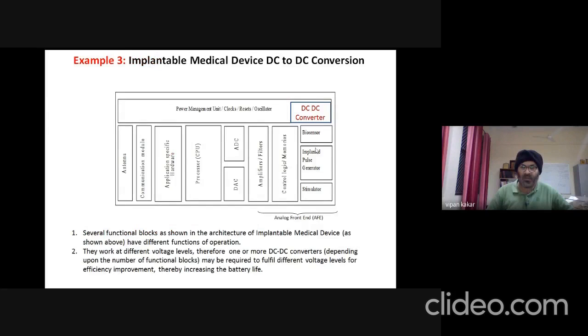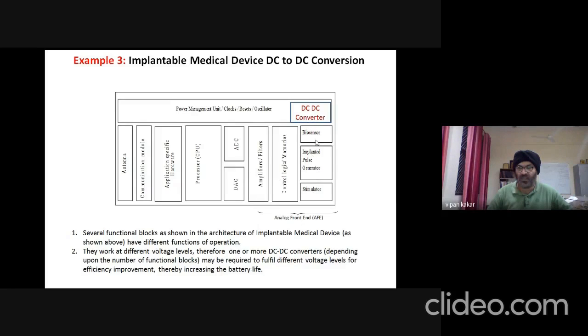Another example is in small implantable devices like a pacemaker. These implantable devices also use DC to DC converters, not only one in number, but several. Inside this power management unit, some DC to DC converters are doing their work. All these devices inside this pacemaker have different voltage requirements.